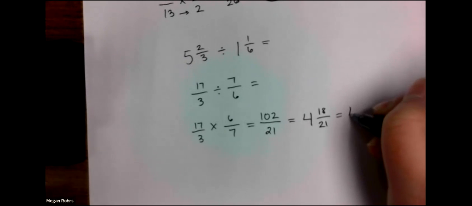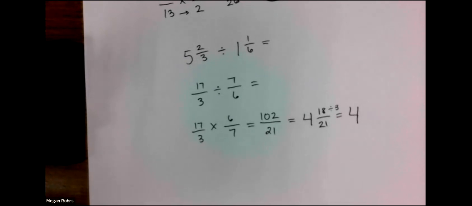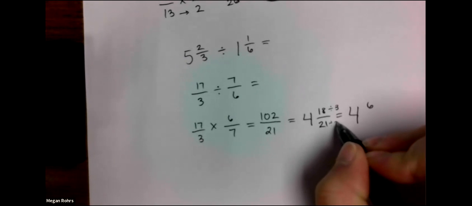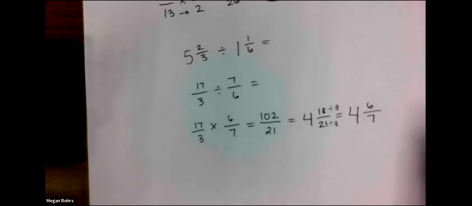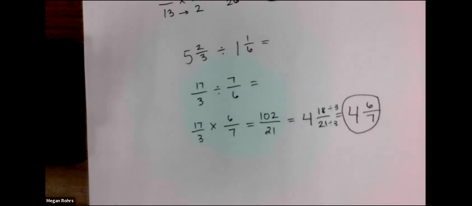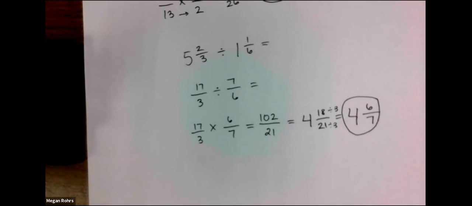Keep my same denominator there. And just looking at this, I know that 3 will go into both of these numbers here. So keep my whole number. 18 divided by 3 is 6. 21 divided by 3 is 7. So 4 and 6/7 would be our final answer there.